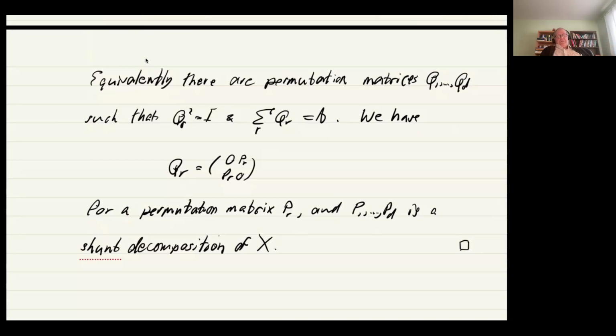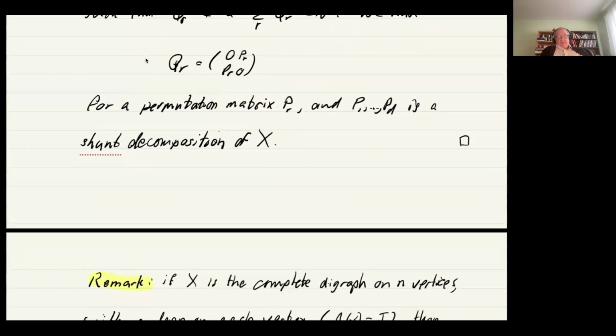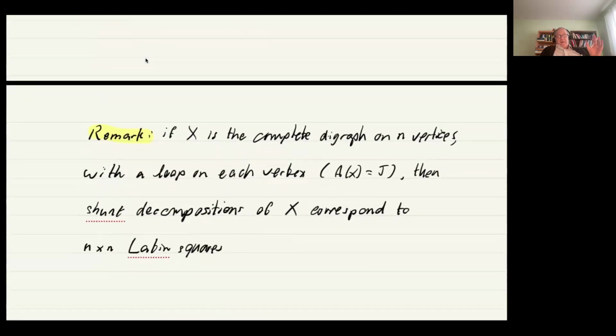There are vast numbers of them. And to finish, as one last remark, one directed graph I'm going to take would be the complete directed graph on n vertices with a loop on each vertex. So the adjacency matrix is the all-ones matrix.